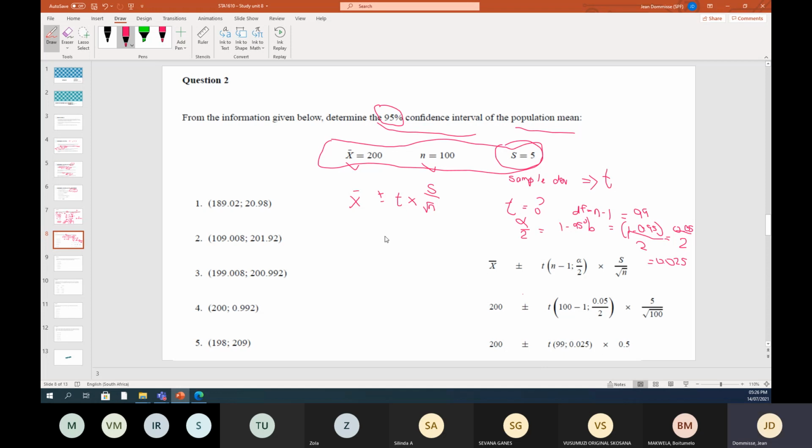Okay, so let's just make 100% again. N is 100, so it is 99, 0.025.